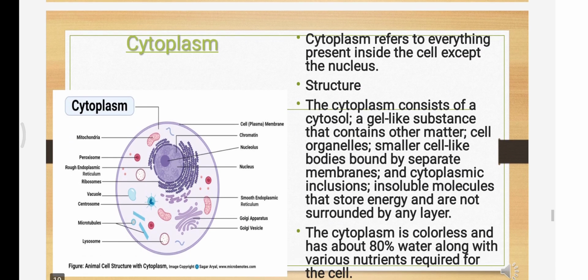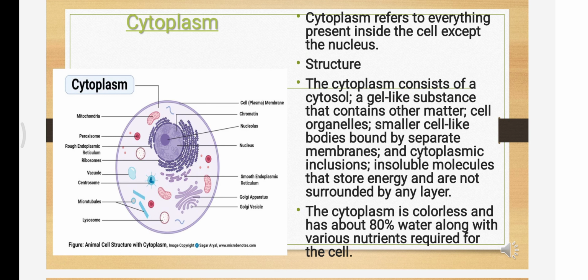Next, cytoplasm. The cytoplasm refers to everything present inside the cell except the nucleus. Structure: the cytoplasm consists of cytosol, a gel-like substance that contains all the matter, cell organelles, smaller cell-like bodies bound by separate membranes, and cytoplasmic inclusions, insoluble molecules that store energy and are not surrounded by any layer.